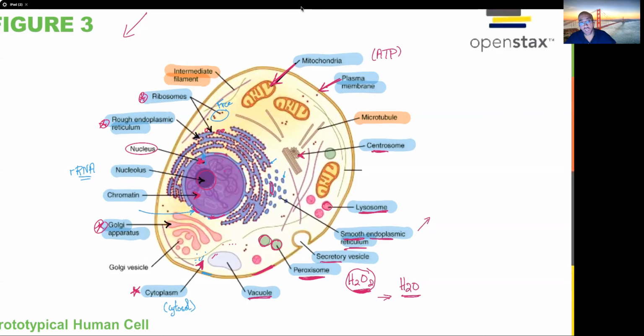Remember, ribosomes can exist attached to the tubules of the rough endoplasmic reticulum. We call those membrane-bound ribosomes, and those are going to be responsible for the production and formation of the proteins that will either be released from the cell or integrated within the plasma membrane.